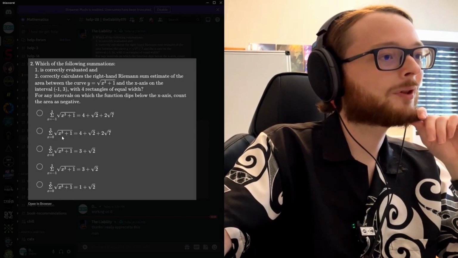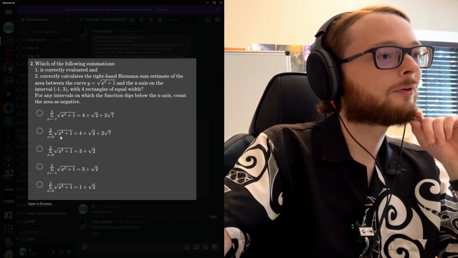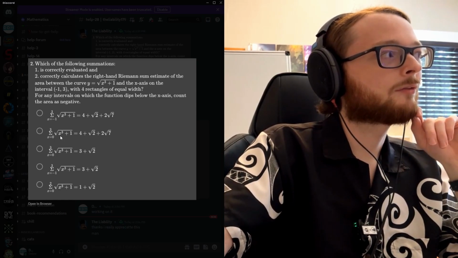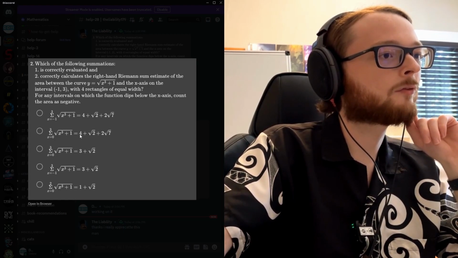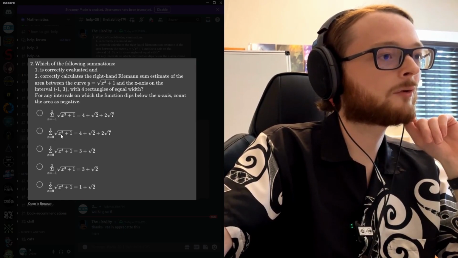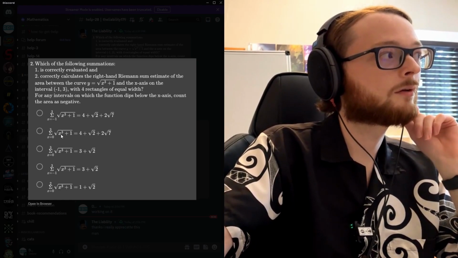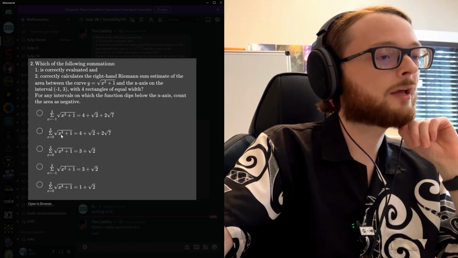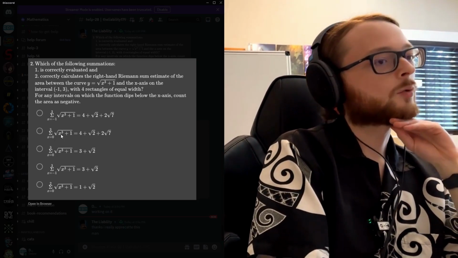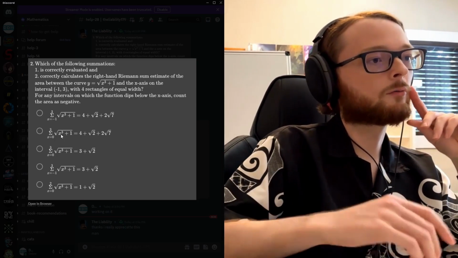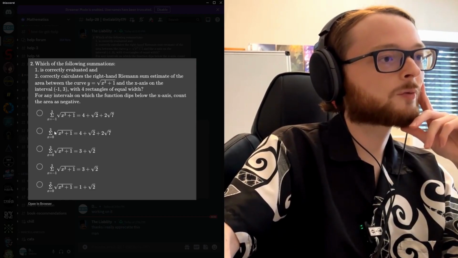You get 1 plus root 2, plus the square root of 9 is 3. So that's where the 4 comes from. It should just automatically be this second one. And then when x equals 3, you get 27 plus 1 is 28, and the square root of 28 is 2 root 7. So it should be the second one.